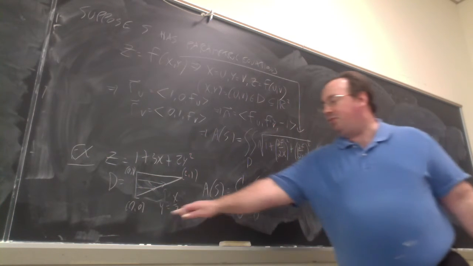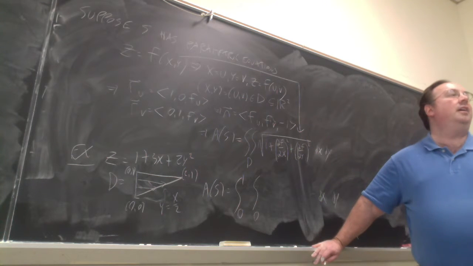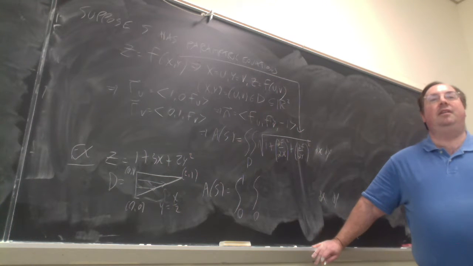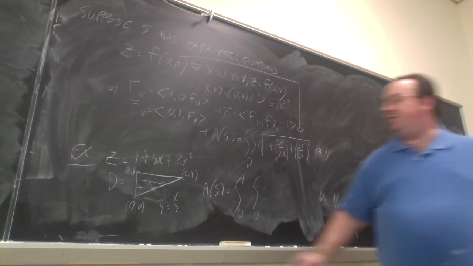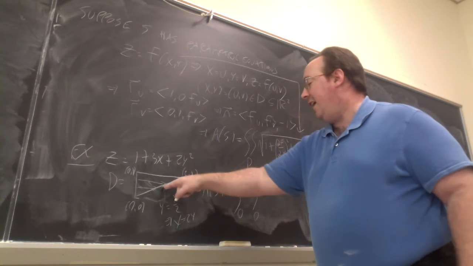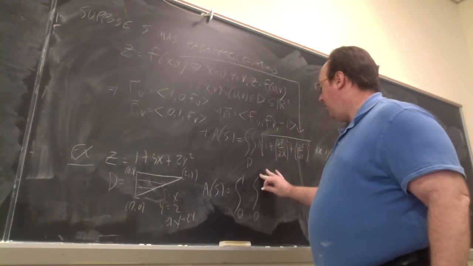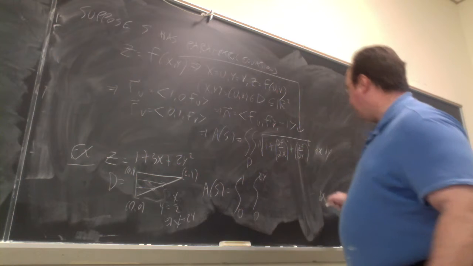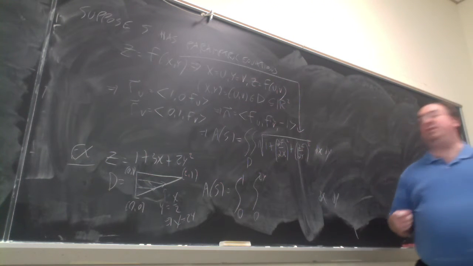If I take this and describe x as a function of y, you just solve this for x. x is equal to 2y, and that describes my upper limit. I'm integrating here with respect to x, therefore my limits must be x values.